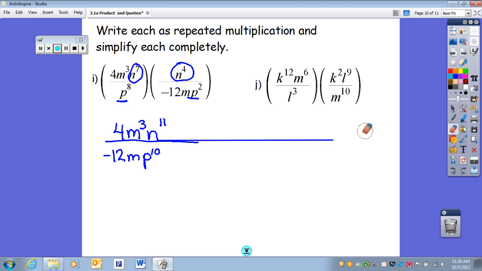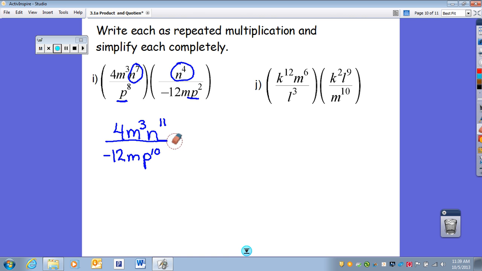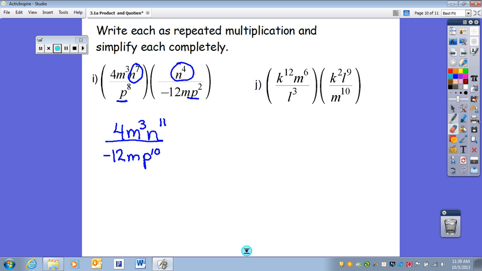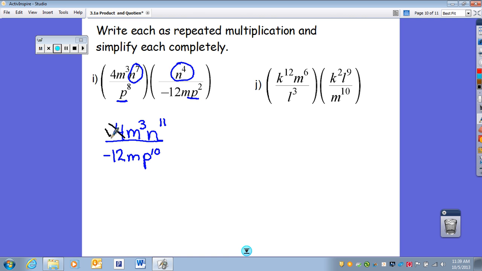Now I'm going to take a look and see if I can do any simplifying. It looks like I could simplify the 4 and the negative 12. 4 goes into 4 once, and into negative 12, negative 3 times.